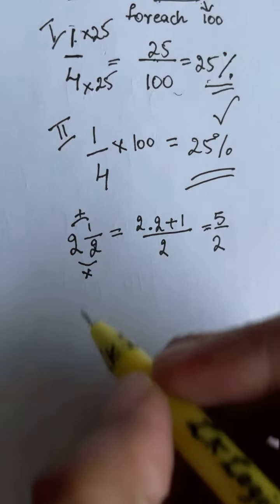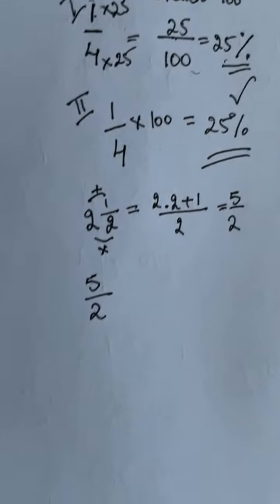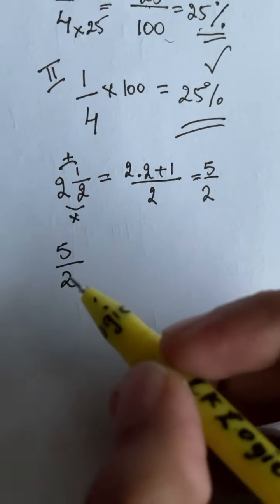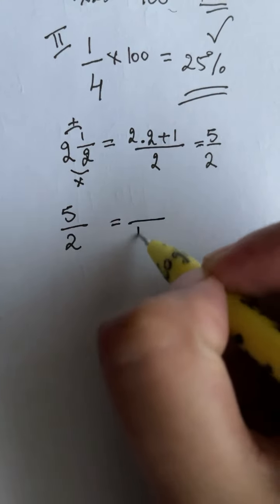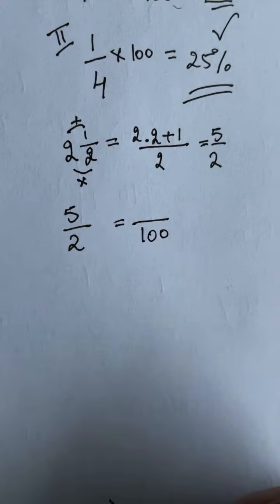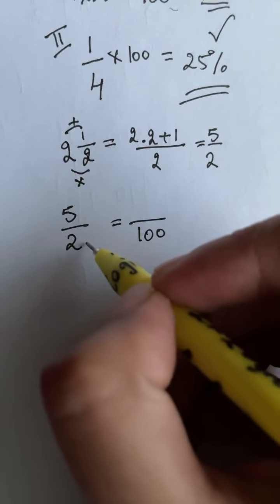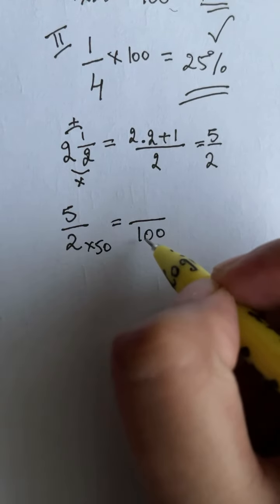That's 5 over 2. Now let's convert the fraction to percentage. So what is our first method? To make the denominator 100. So it should be out of 100. What are we going to multiply in this? 2 times what gives us 100? 2 times 50. Two 50s make 100.